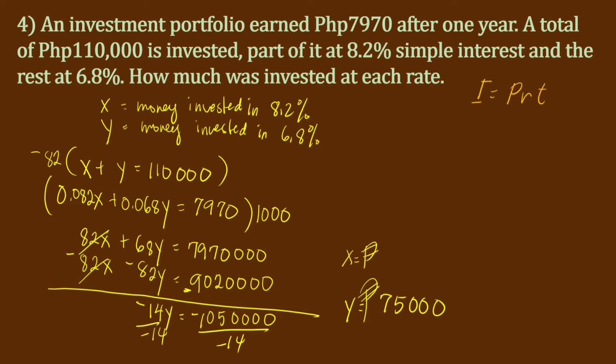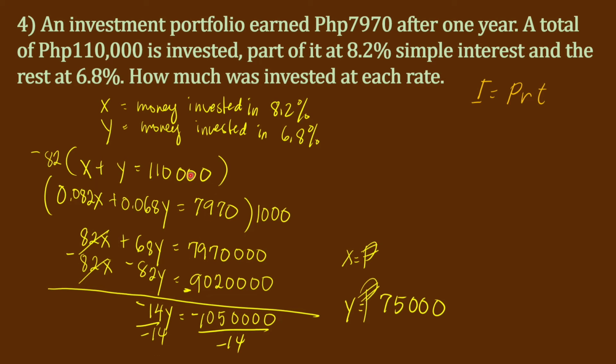So, from the first equation, the total money is 110,000 pesos. So, if we have invested 75,000 pesos in 6.8%, how much of the money is invested in 8.2%?